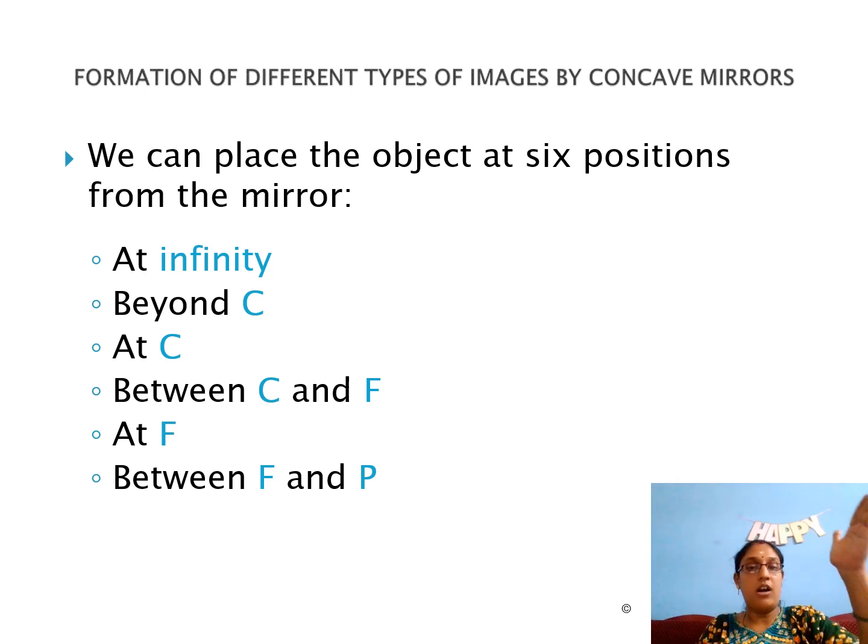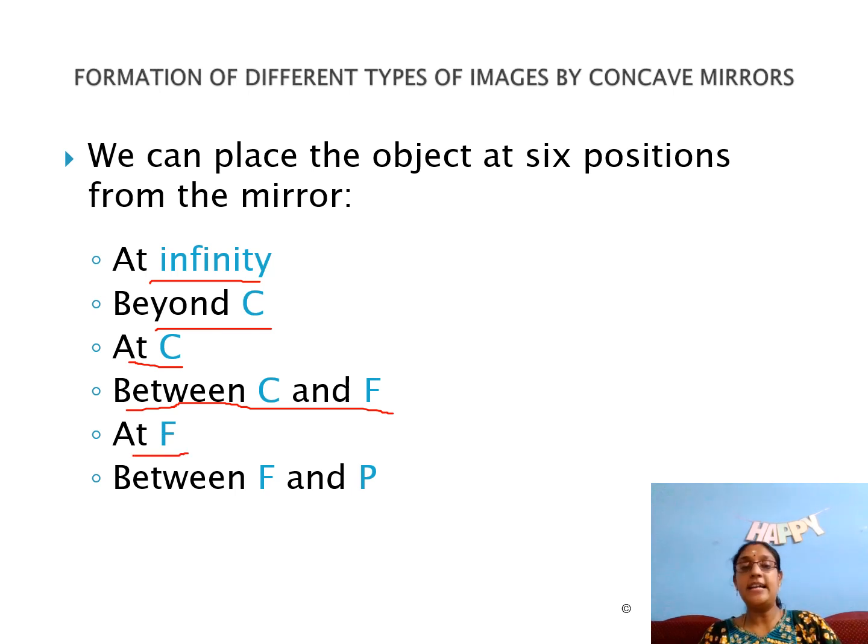With respect to your object position, we find where you'll get the image position. We can place the object at 6 positions from the mirror: at infinity, behind C, at C, between C and F, at F, and between F and P.